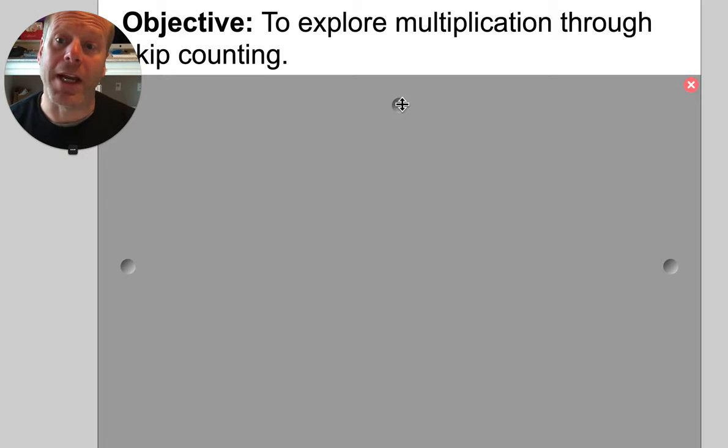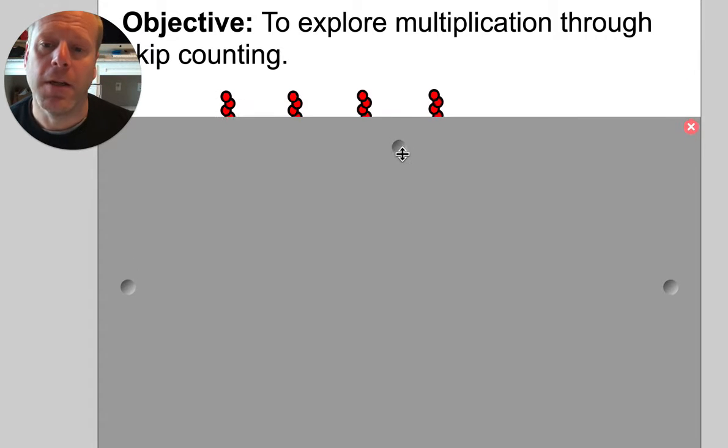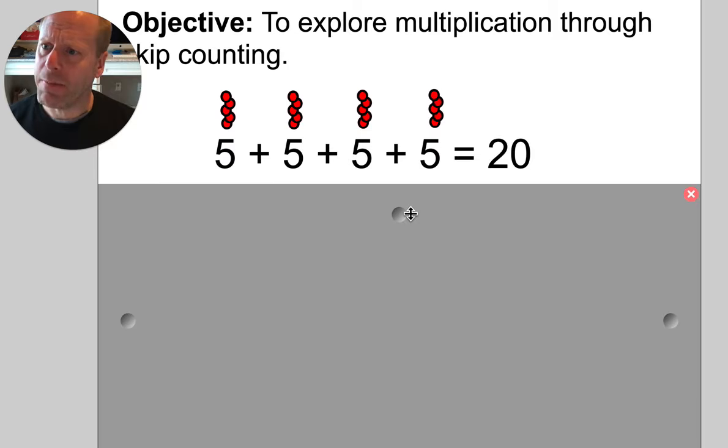So we're going to explore multiplying through skip counting, something that happens over and over and over again. It doesn't pop up as a 6 and a 2 and a 3 and a 9. That's just adding up. It's going to be the same thing over and over again.